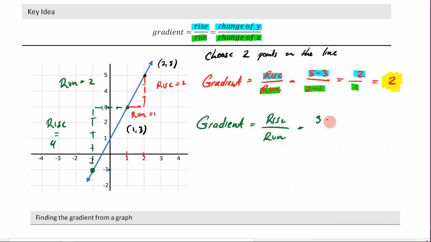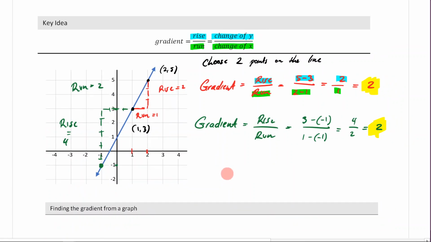I'm going to take 3 subtract -1, and then for my x values, I would take 1 and subtract away -1 from that. 3 minus -1, that's 3 plus 1, is 4. 1 minus -1 is 2. 4 and 2 is equal to 2. Again, don't get too stressed about that. So if you're looking at that and you're like, what? That is in the problem solving type questions, realizing that you can find the change in x, change in y. But I'm happy for you to come speak to me and we can talk about that kind of stuff.